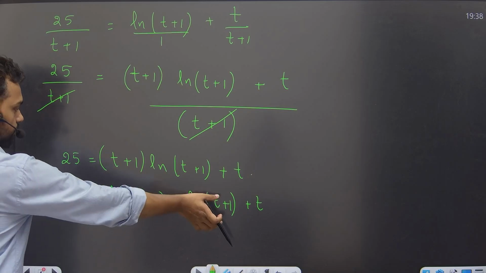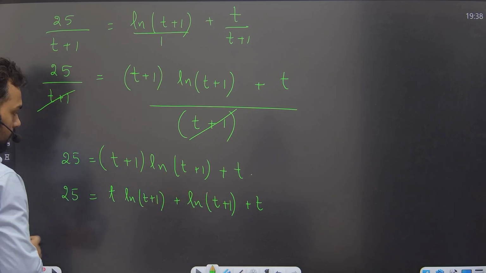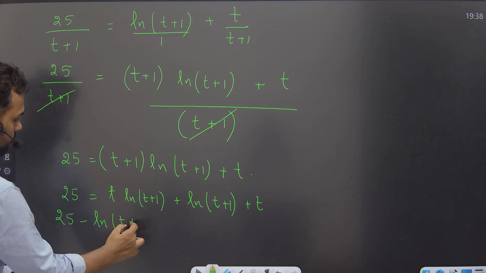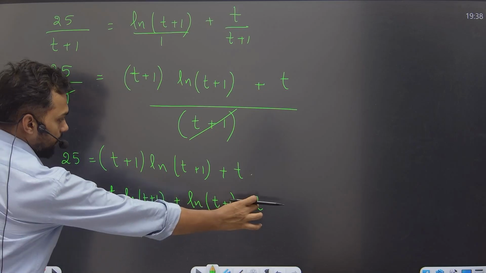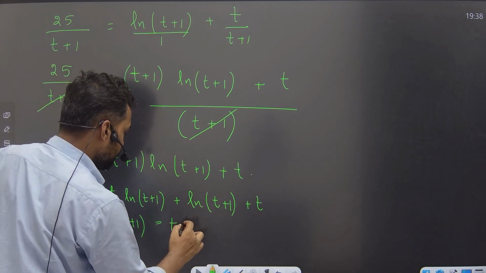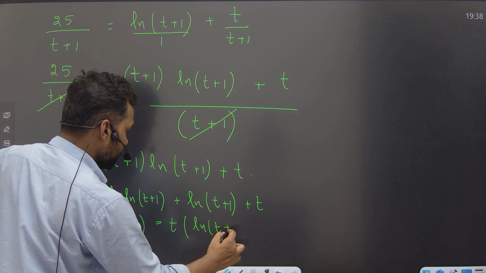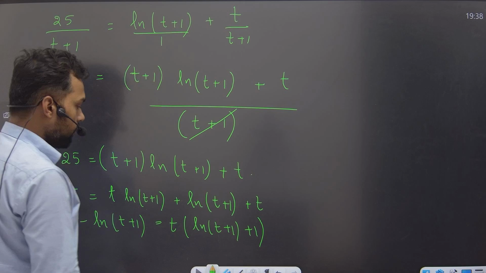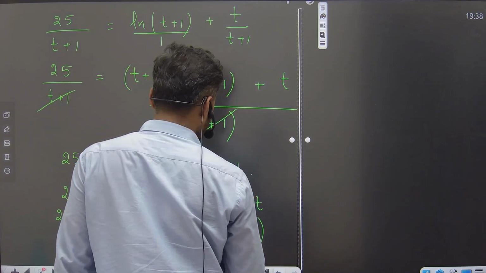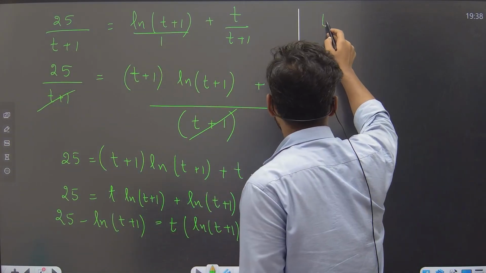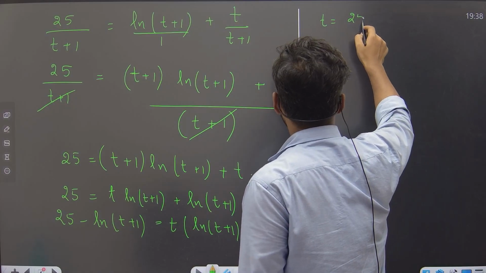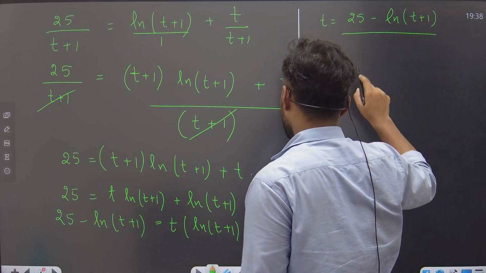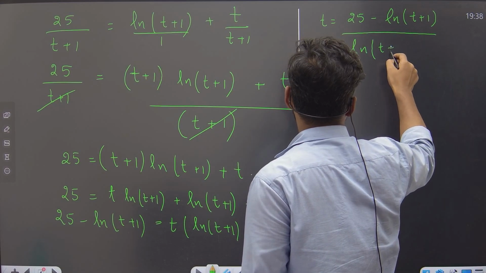Now what we need to do, just take log of (t plus 1) to the left hand side, so we'll get 25 negative of log of (t plus 1) equals this part, and this part will be remaining, taking t as common, so you will get t times (log of (t plus 1) plus 1). So from here, if we calculate it further, we will get the value of t equals (25 negative of log of (t plus 1)) upon (log of (t plus 1) plus 1).